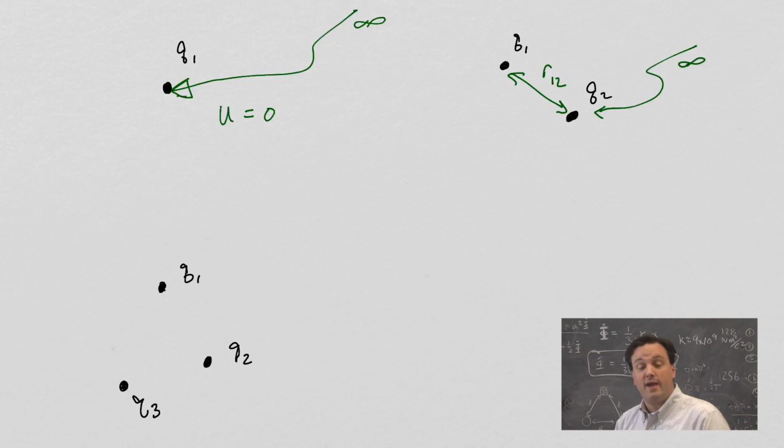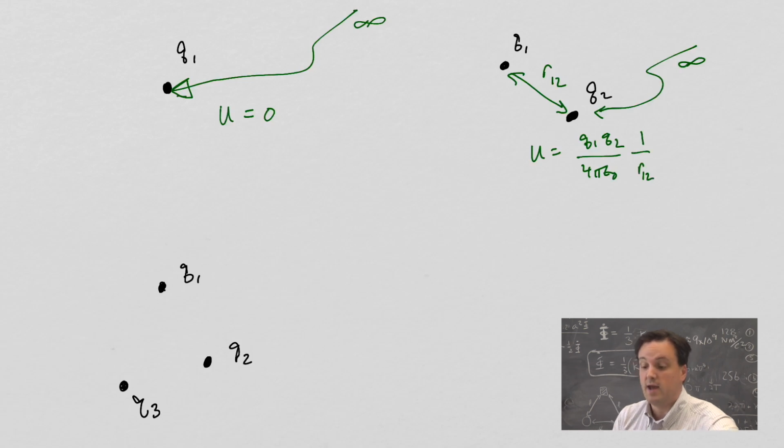Well, luckily I have an expression for that. I know what the final potential energy is in this case, right? It's just Q1 Q2 over 4 pi epsilon naught, 1 over, in this case I'm calling it R12. I know where Q2 finished, and since the electric force is conservative, I can calculate how much energy it took for me to get that Q2 from infinity and drag it to this point.